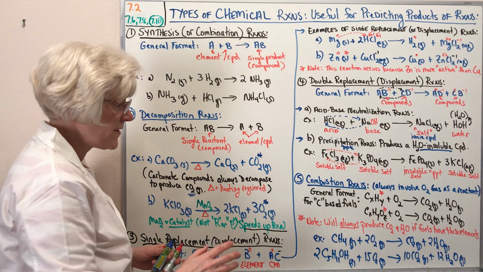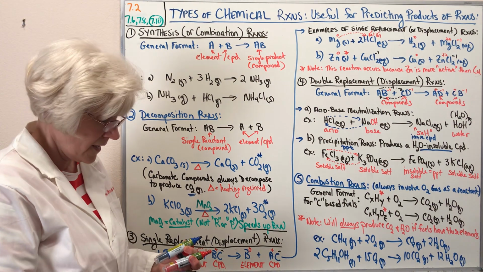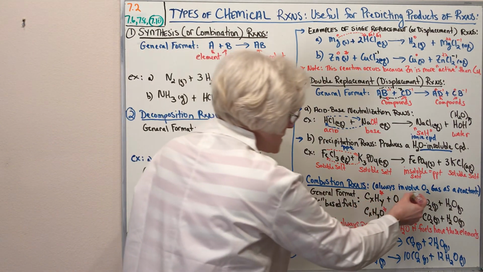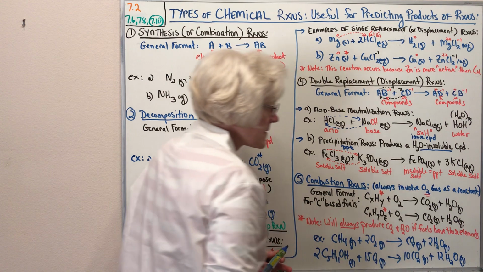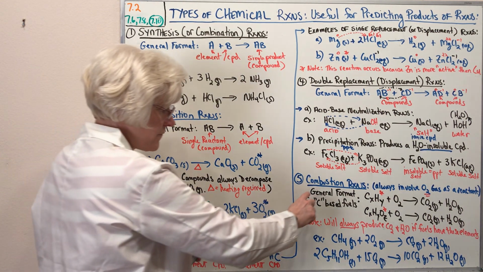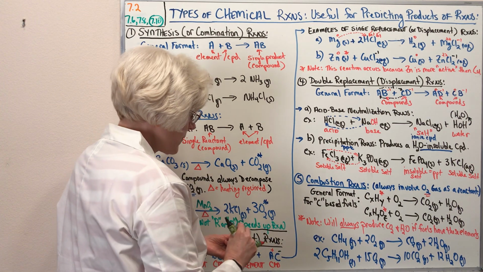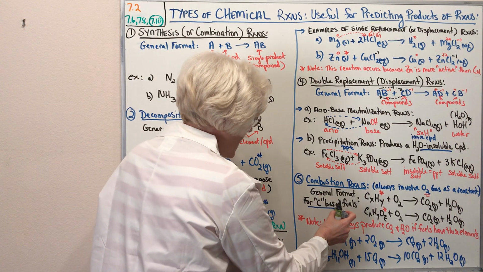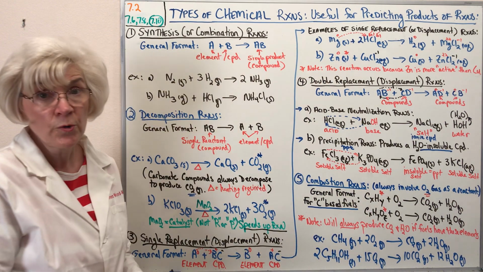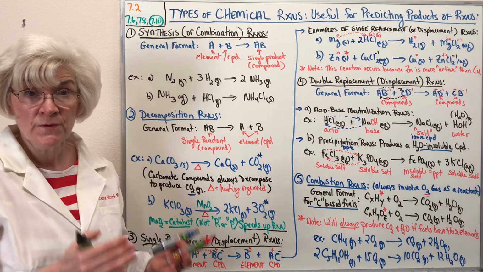Let's take a look at our fifth and last category. This is combustion reactions. Combustion reactions always involve oxygen gas as a reactant. The general format for combustion reactions, and this is assuming that we're looking at carbon-based fuels or organic compounds, carbon-based fuels.